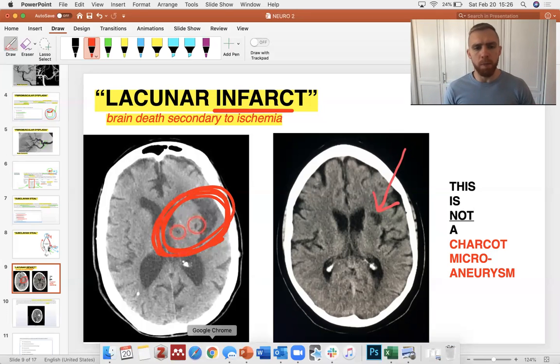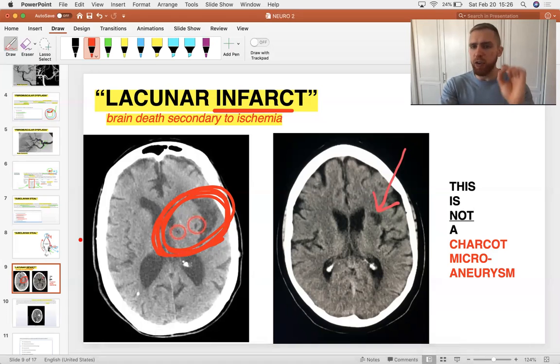And the next important point I have to make is that this is, as a concept, very similar to the Charcot-Bouchard microaneurysm, but this is not the same thing. A lacunar infarction has an ischemic mechanism. So an embolus, a thromboembolism, a blood clot, an atherosclerotic plaque, those things could give you a lacunar infarction.